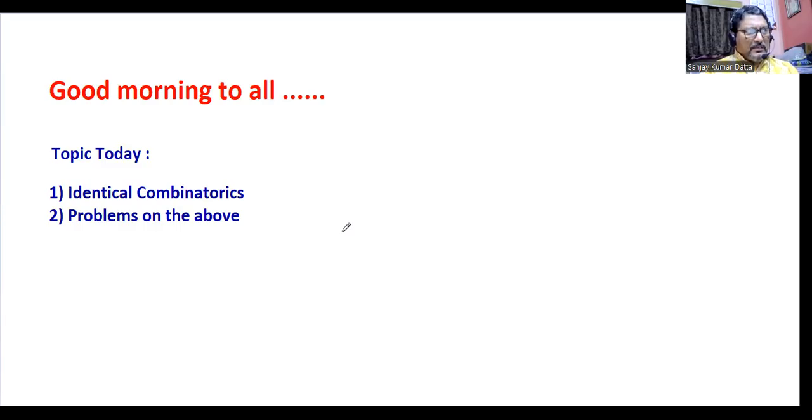It represents nothing else but the number of ways in which r items can be selected from n distinct items. Right. So that is nCr. But then if the items themselves are identical, things change. So let us go ahead and understand this.